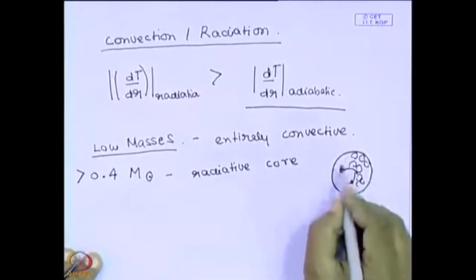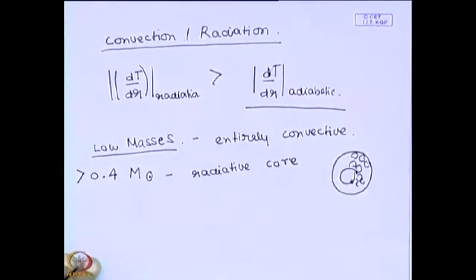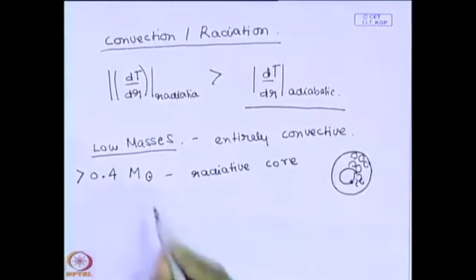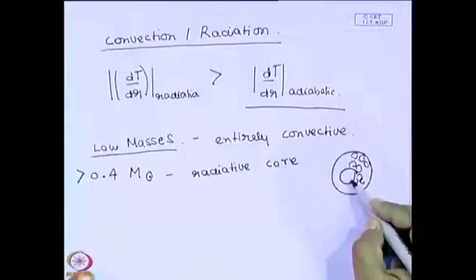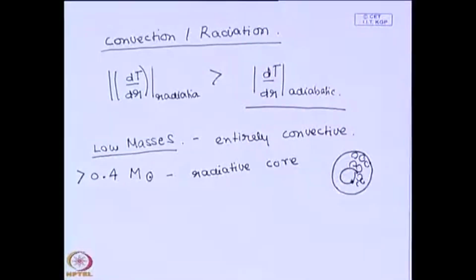I have just drawn a little part of it. Then as you keep on increasing the mass, if you look at stars of more and more mass, the radiative core keeps on increasing. For the sun, we have seen that 70% from the inside the energy is transported radiatively, and the outer 30%, the energy transport is convective.